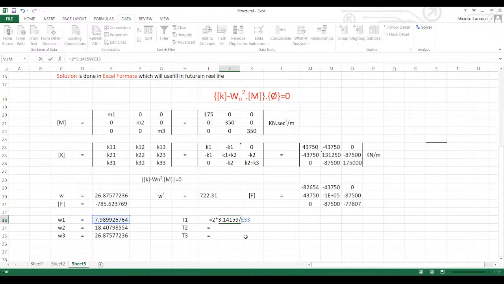That is 2 pi by omega, 0.78 second, and similarly this also calculate 0.34, and the time must be decreasing order. Second.